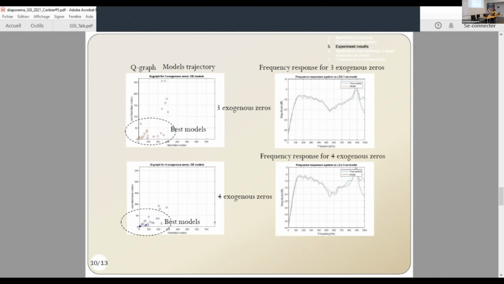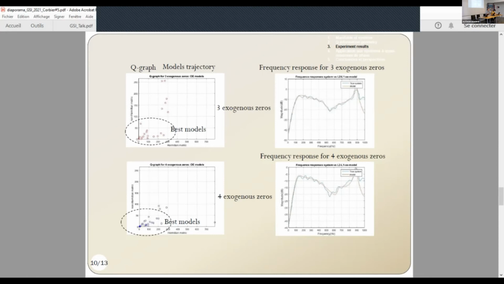Okay, and for 4 exogenous zero, the Q graph is different, but we remark that in this area near zero, we have a very best model.